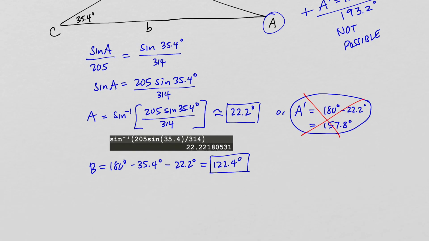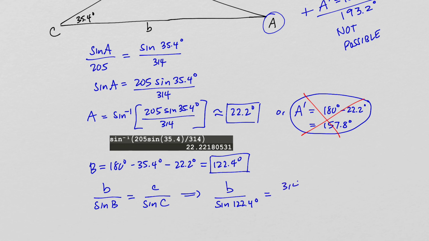And finally, we can find side B by saying side B divided by the sine of angle B is equal to side C divided by the sine of angle C. And if we do the math here, we get B divided by the sine of 122.4 degrees is equal to 314 divided by the sine of 35.4 degrees.